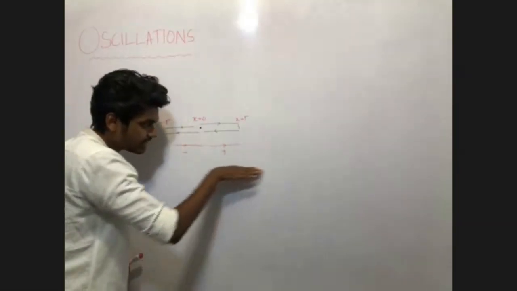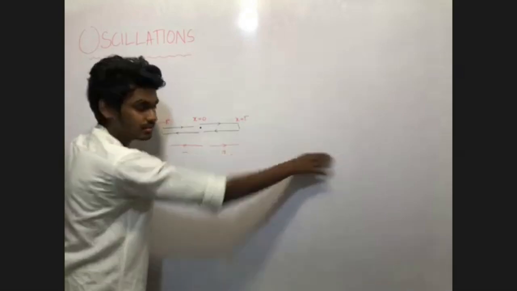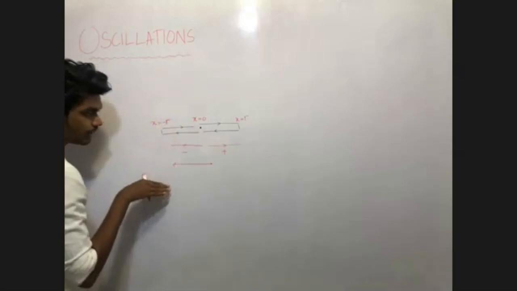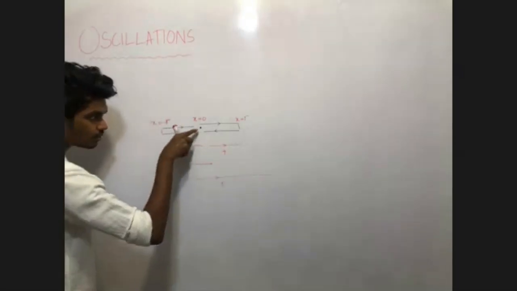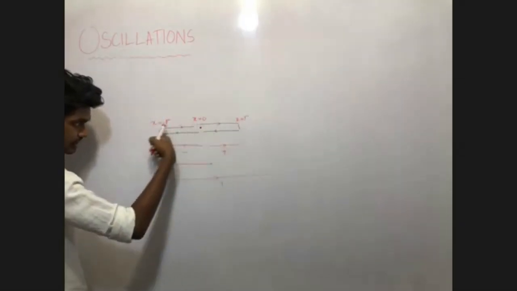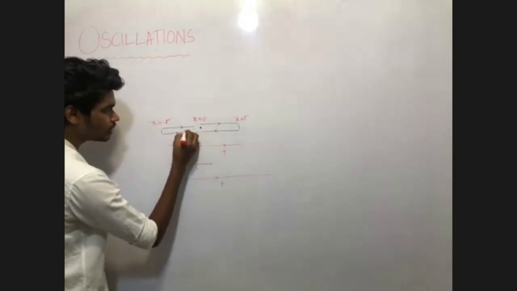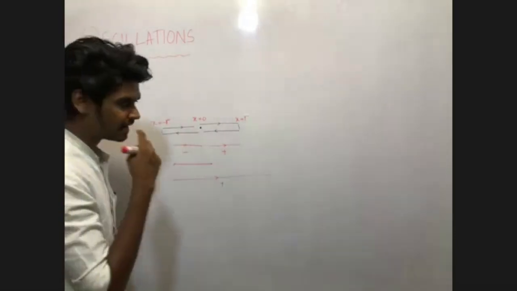This is the direction that I chose as plus. The particle moves from here to here, and once again returns back. Now the displacement is going to be considered as minus.